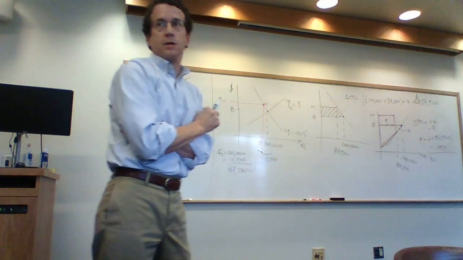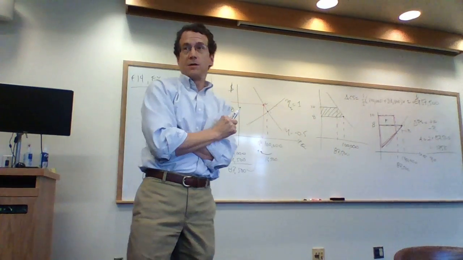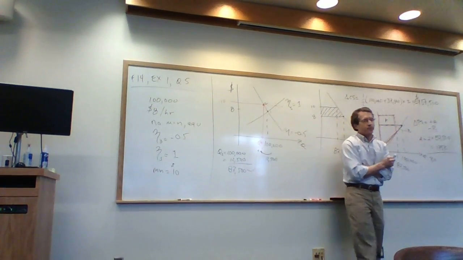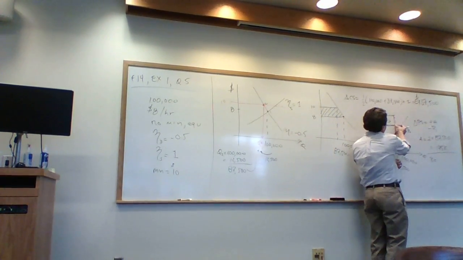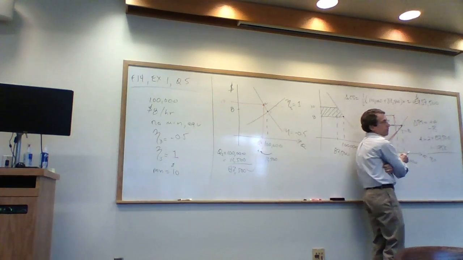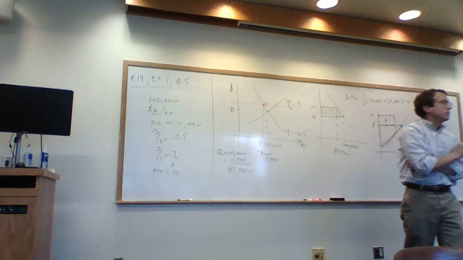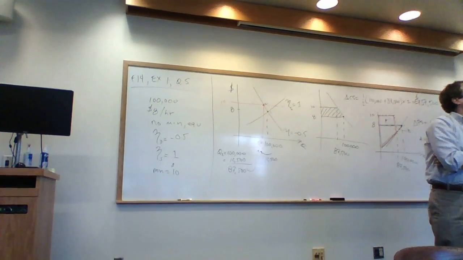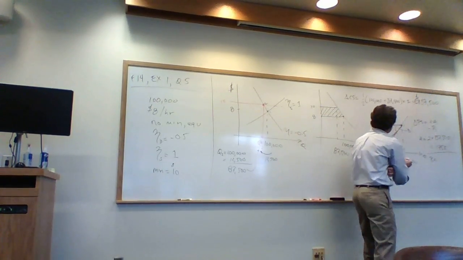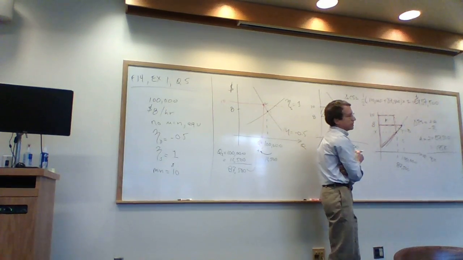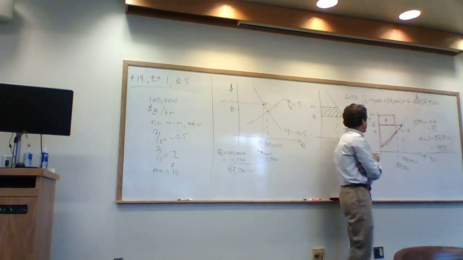Melissa? You need that hypothetical price, that's under $8. Yeah. So we know one side of the triangle is 12,500, but we need to know this side. So you use the supply elasticity? The supply elasticity, exactly. So we need to find X so that we can figure out how big that side of the triangle is.